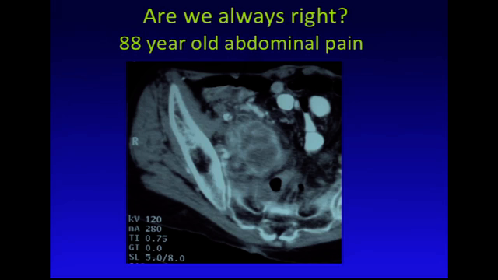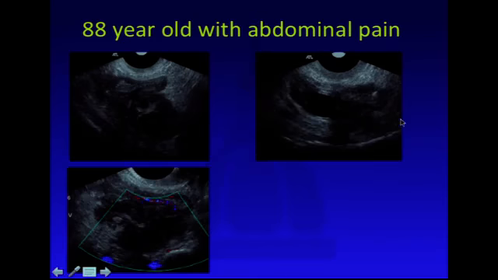Now, are we always right when we talk about ovarian lesions? Well, let's look at this case. This was an 88-year-old woman with abdominal pain. She had the CT scan, and of course there is this angry-looking enhancing mass in the right adnexa. So you're obviously concerned that this is an ovarian cancer in this older woman. We did the ultrasound.